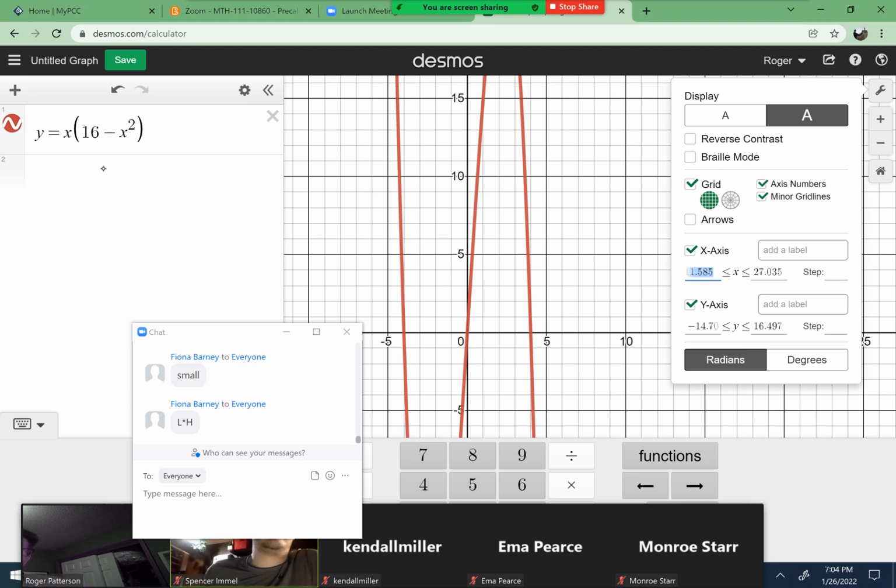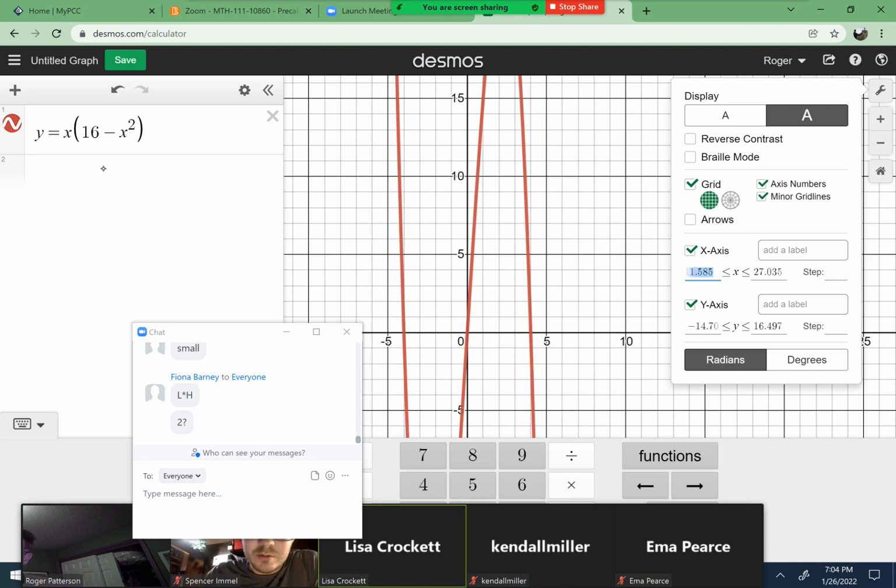So what would be the smallest x we would need on our graph if x represents the base? Zero. Yeah, 0, right? Because you can't have a negative length. That's impossible. So let's put a 0 there.